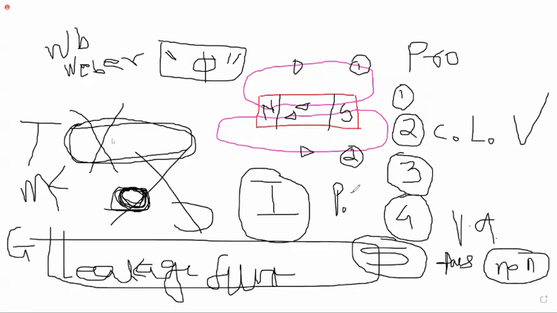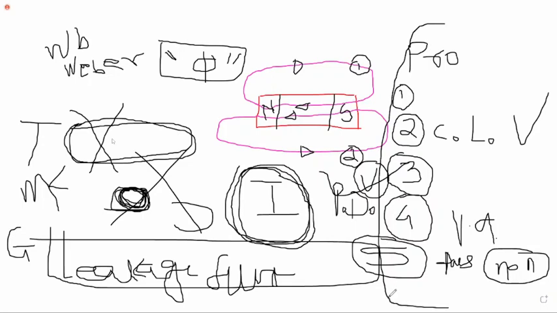Voltage produces the electric field lines. Current generates the magnetic field lines. These are the few properties of the magnetic field lines listed here.